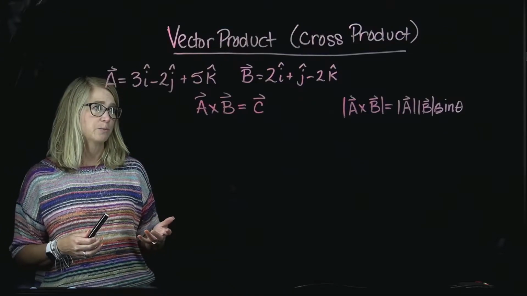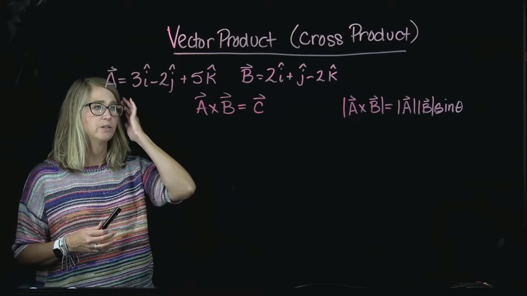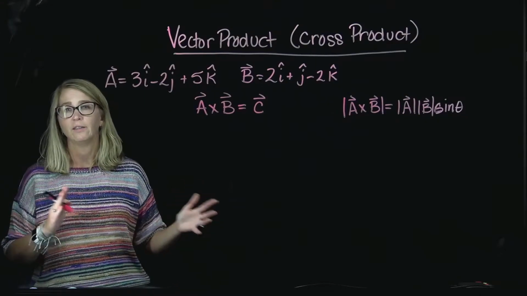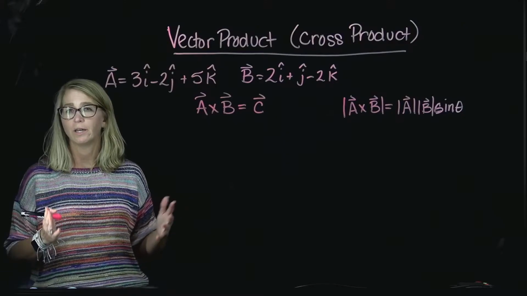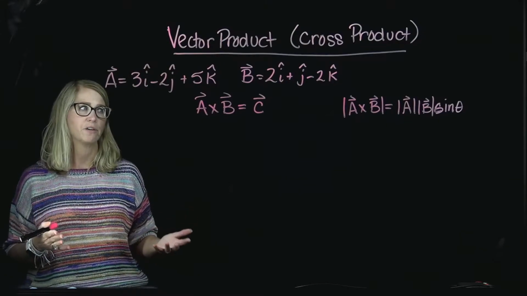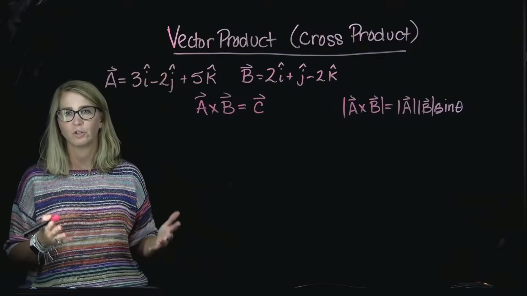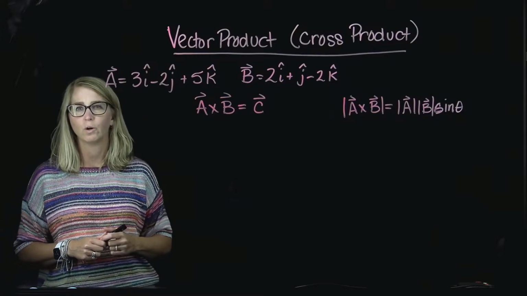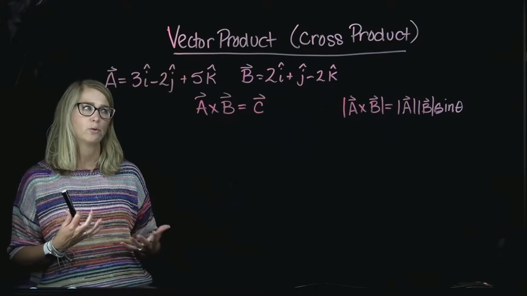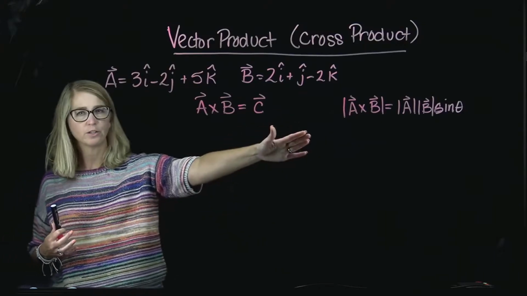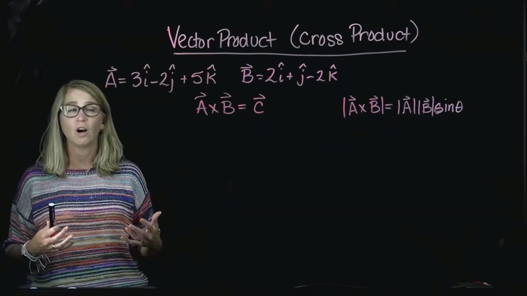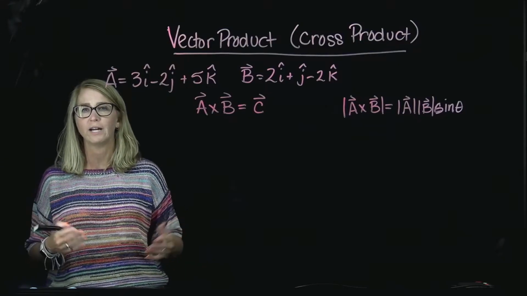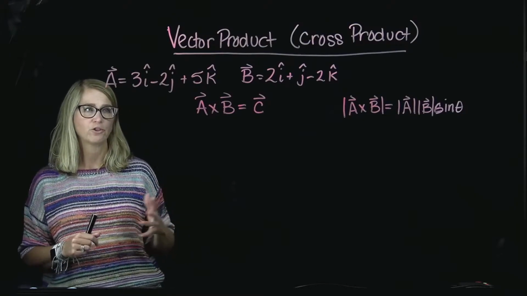And to be honest, finding that magnitude is easiest when we're given the two vectors where we know their magnitudes and the angles they make with the x-axis, which would allow us to find the angle between the two vectors because we would just subtract. But when we have the vectors in unit vector form, it's a little bit more involved. How do we put that into this expression? That's really hard, because when you have a vector in 3 dimensions, how are you going to find the angle between the two vectors? So we actually use a different method.